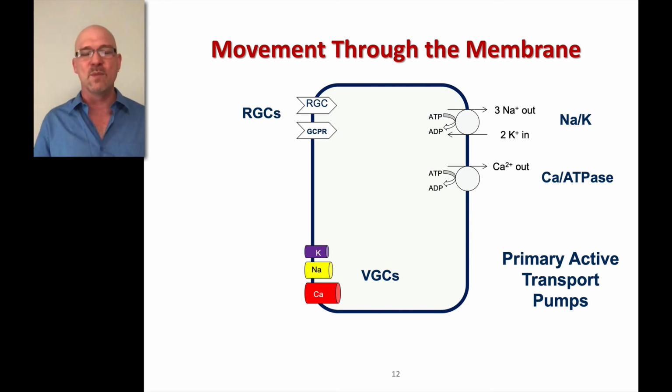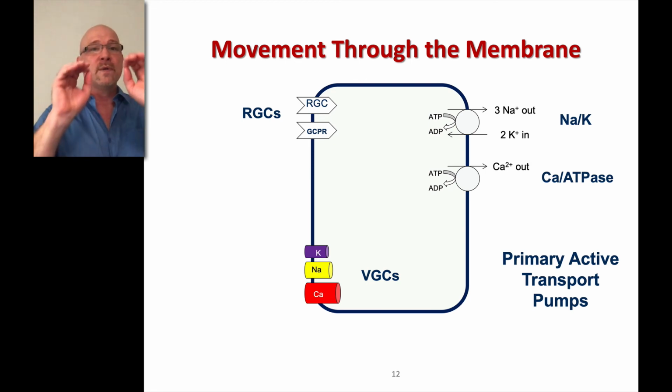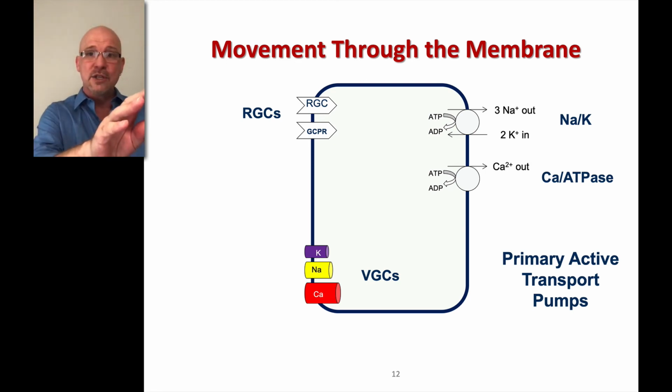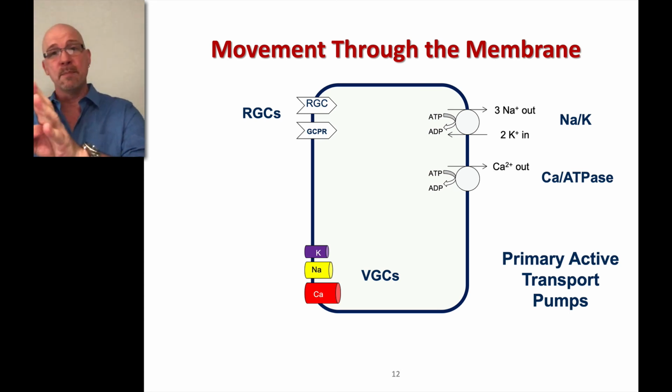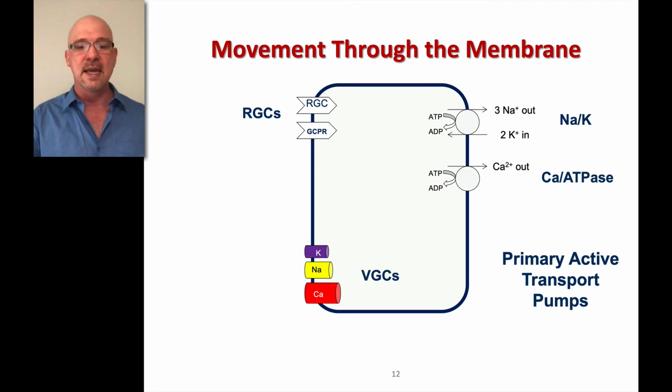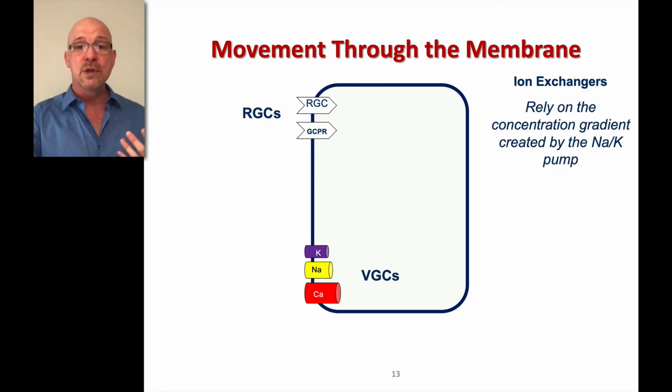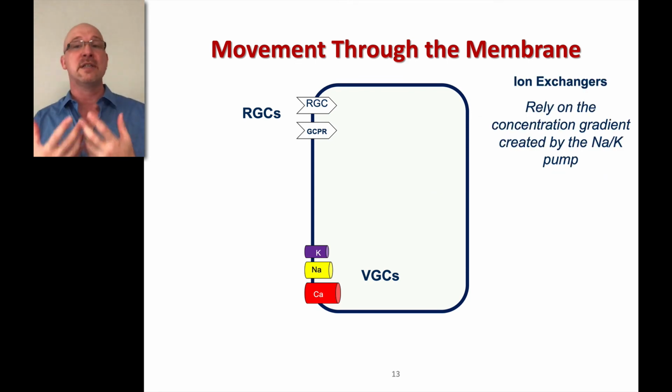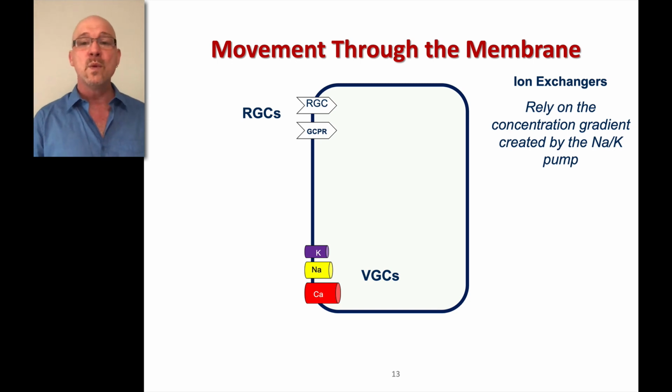But there's one more sort of fold into this whole story. We've got our voltage-gated channels, we've got our receptor-gated channels, we've got our pumps, and we've got one more class of ways that things get in and out of the cells, and those are called our ion exchangers. So when we use our ATP pumps, we kick a lot of sodium back out.